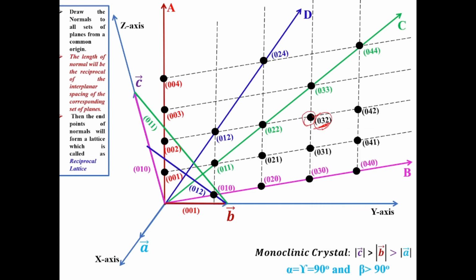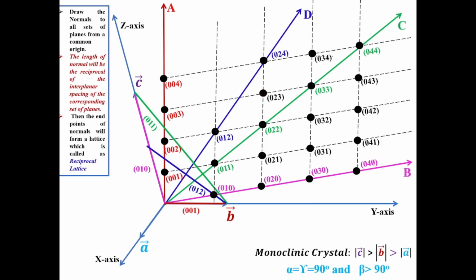This space is called reciprocal space, or sometimes K space, for different applications. Here this point will be 043, and this point will be 023.